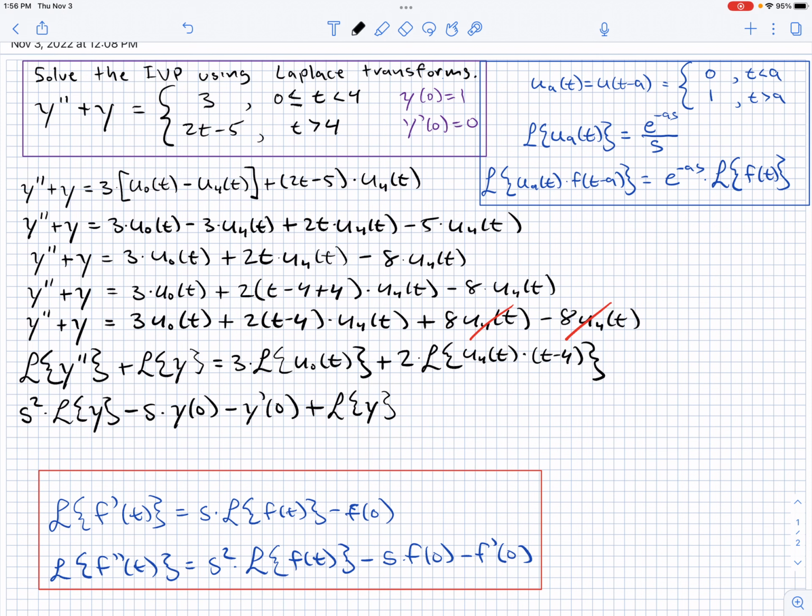And that is all equal to the stuff on the right, which I'm just going to do the Laplace of the step function.